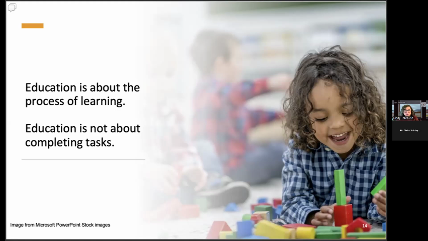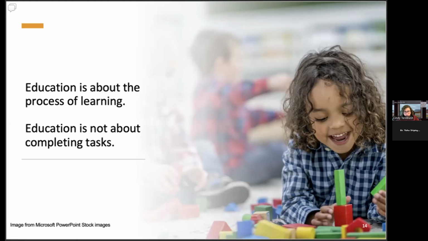We make sure that our documentation, our collection of information, sometimes called the data, is specific and points to those areas of learning and the skills that we want children to build.